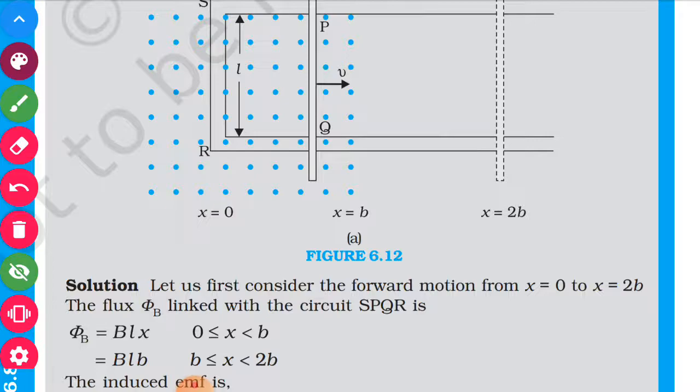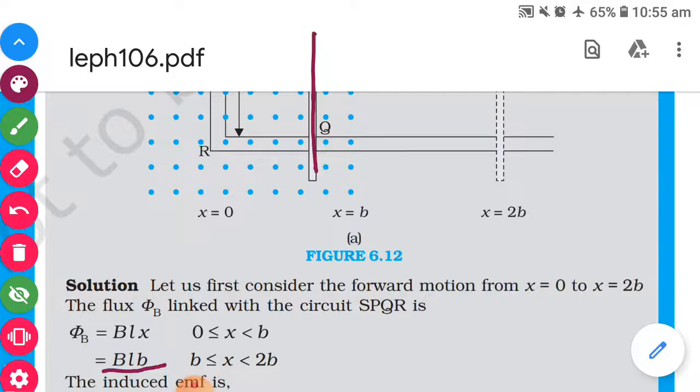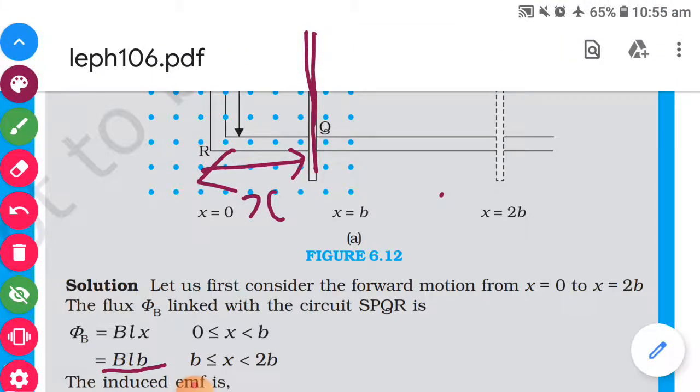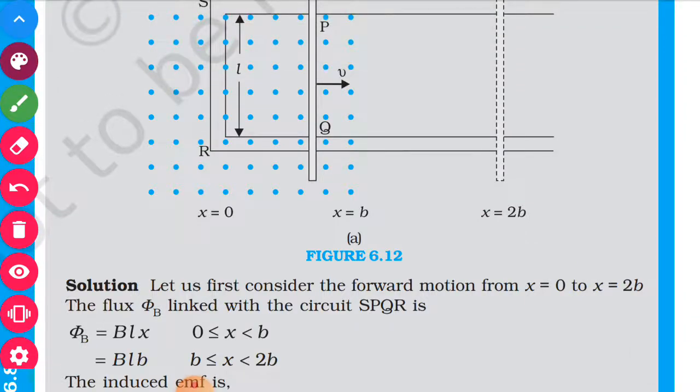Now flux is BLx, because length of the rod multiplied by the distance x gives you length into breadth, and that gives you area. So that is why we write BLx, that is nothing but the flux phi B.